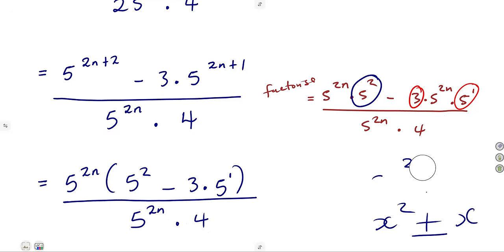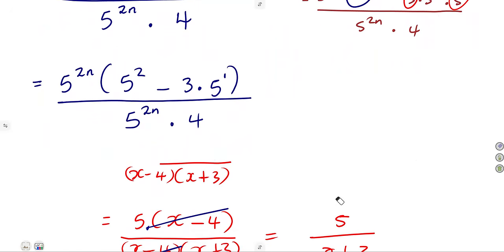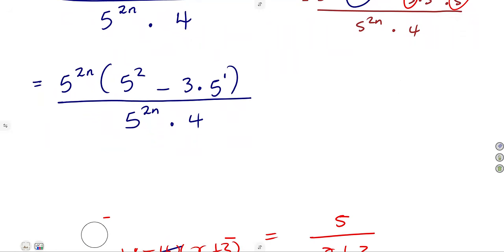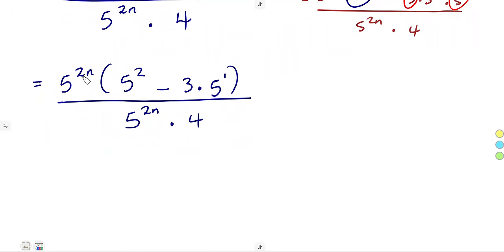So the factorization that we have done made us have a product of two terms in the numerator. Why am I saying two terms? We have the first term outside of the bracket, then the second term in the bracket. I'm taking the bracket as a single term.